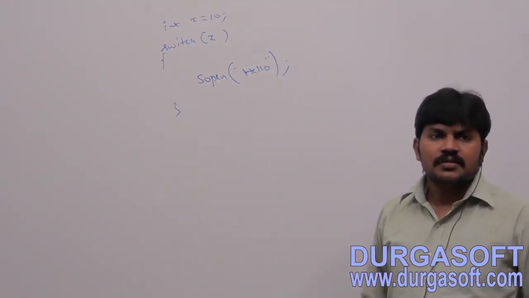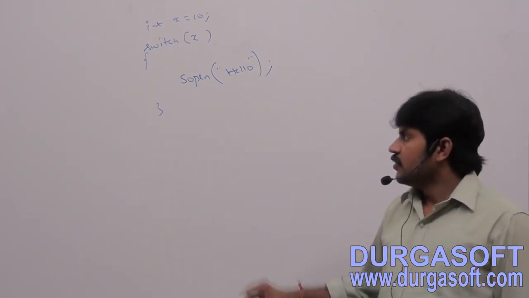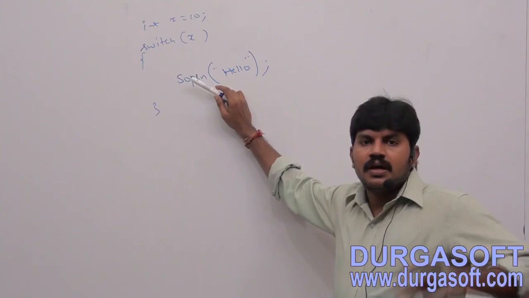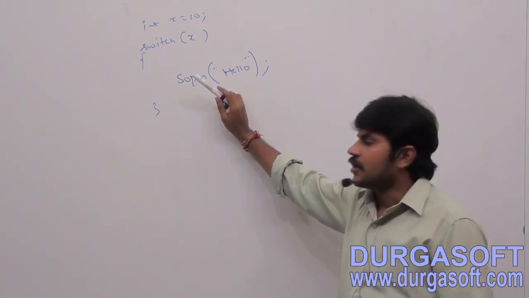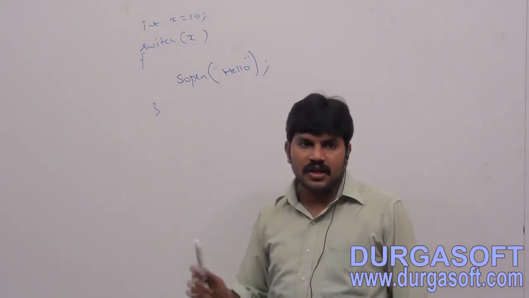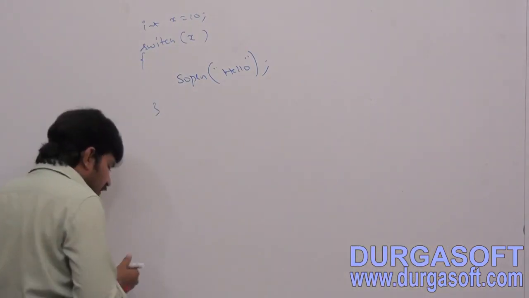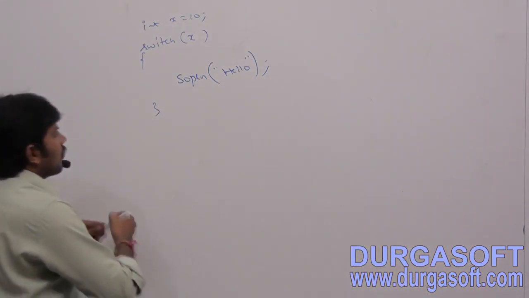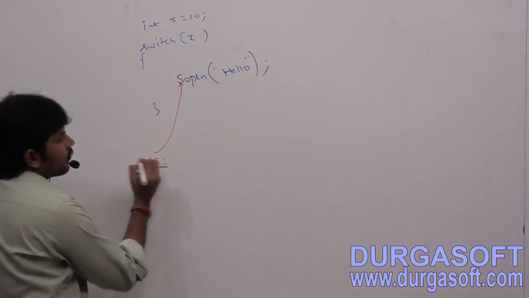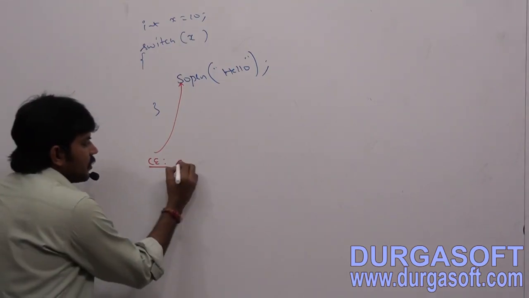Make sure every statement inside a switch must be under some case or default. Independent statements are not allowed. By mistake, if you try to take it like this, we will get a compile time error by default. Sir, can you spell out what that compile time error is?